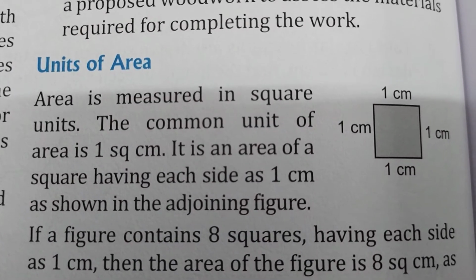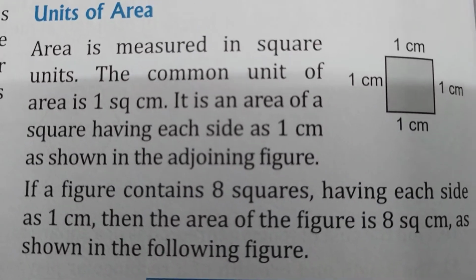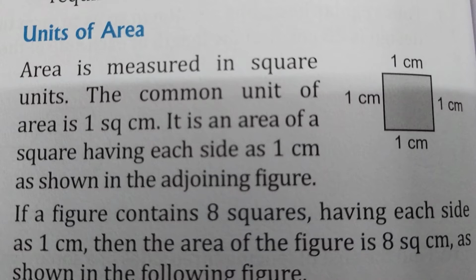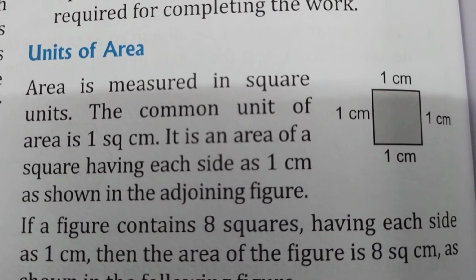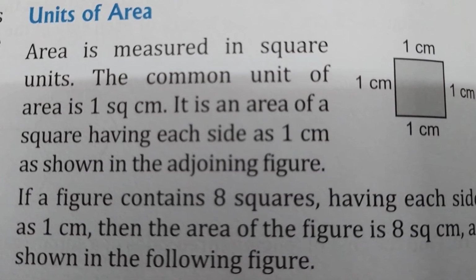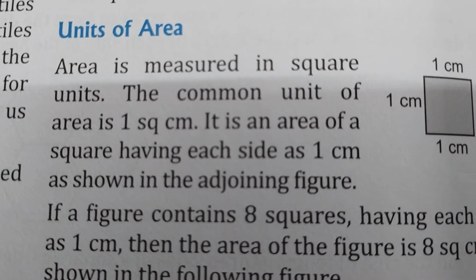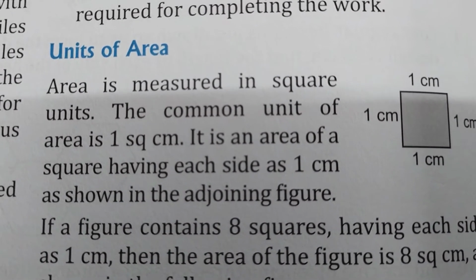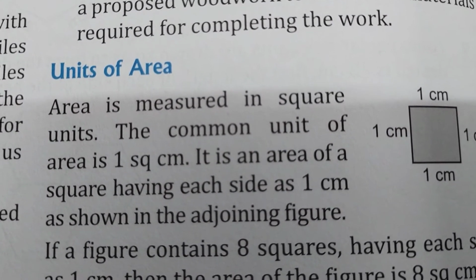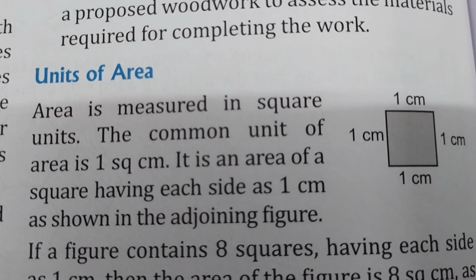Units of area. Area is measured in square units. The common unit of area is 1 square centimeter. See here, all 4 sides are equal, 1 centimeter. So the unit of area is 1 centimeter square or 1 square centimeter.